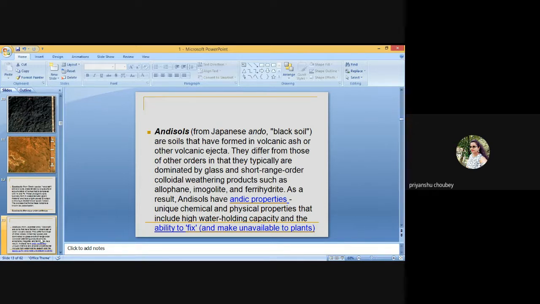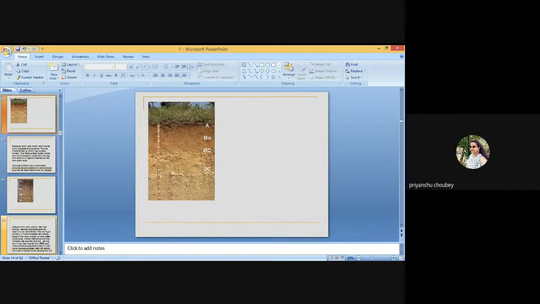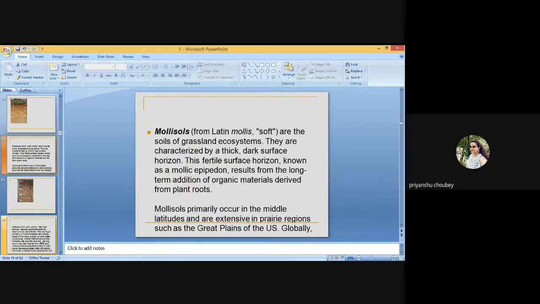They differ from those of other orders in that they typically are dominated by glass and short-range-order colloidal weathering products such as allophane, imogolite, and ferrihydrite. As a result, andisols have andic properties, unique chemical and physical properties that include high water holding capacity and the ability to fix phosphorus and make it unavailable to plants. So this is a picture of andisol.